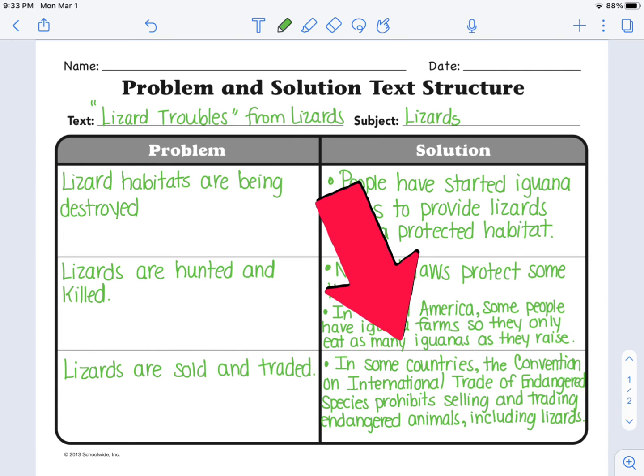I wrote here, in some countries, the Convention of International Trade of Endangered Species prohibits the selling and trading of endangered animals, including lizards. Now, this is really important because in any problem and solution text structure, we need to be able to have a solution to the problem, or it can't be problem solution.